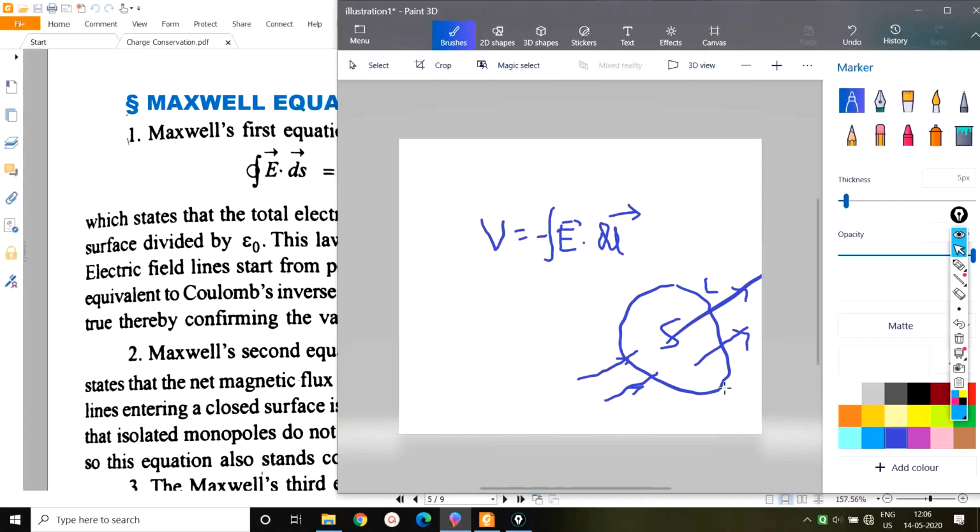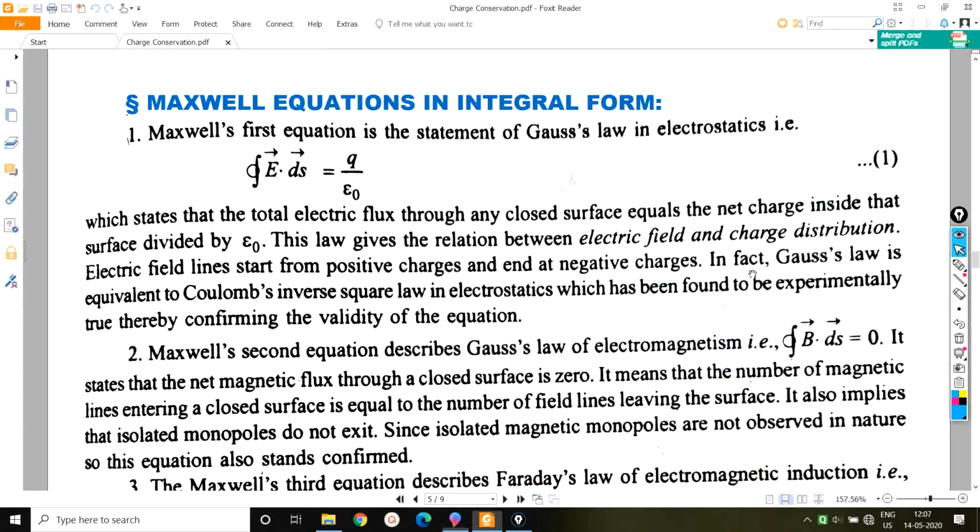If there were net flux, then the number of field lines entering would not be the same as the number leaving. This happens in electrostatics, and that is why the right hand side of the E dot dS equation is non-zero, but in this case it is 0. This is also discussed in your class 12.